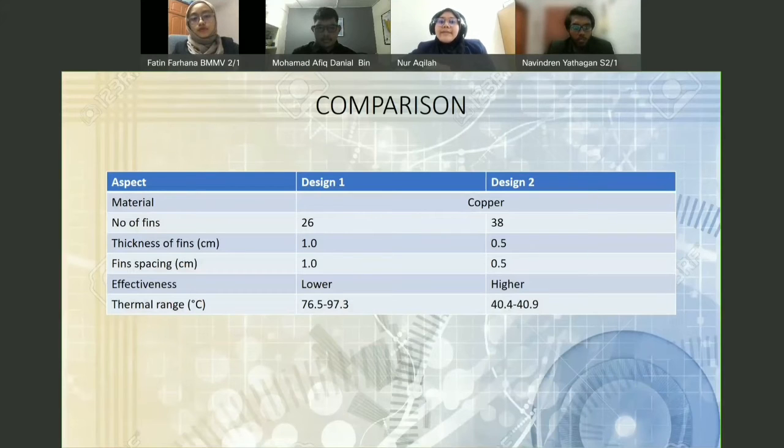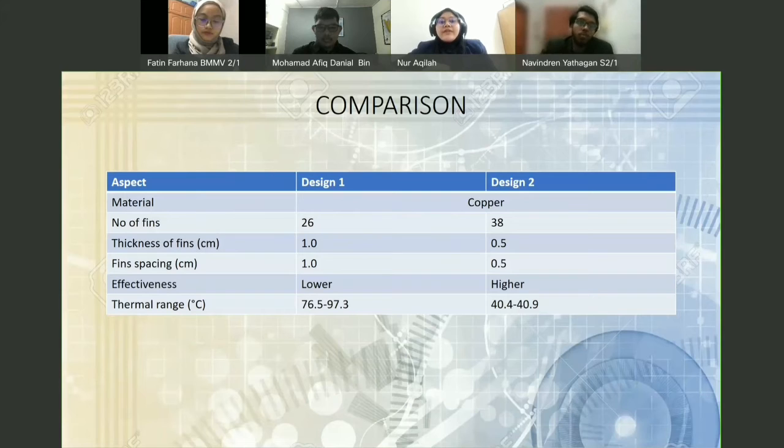As I said before, the material for both designs is copper. The number of fins and the thickness and spacing have different values for each design. The number of fins for design 1 is 26, meanwhile design 2 is 38.